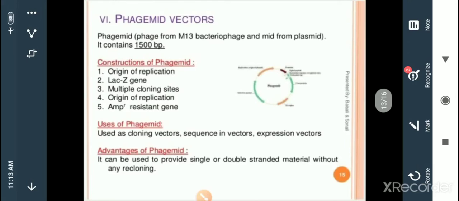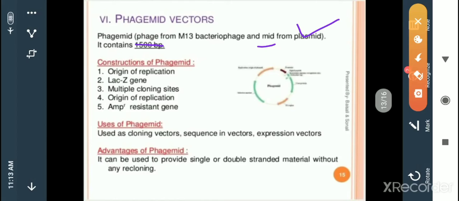The word phage comes from the bacteriophage and the word mid comes from the plasmid. So this is like a hybrid variety.